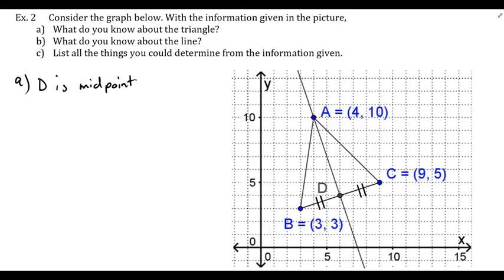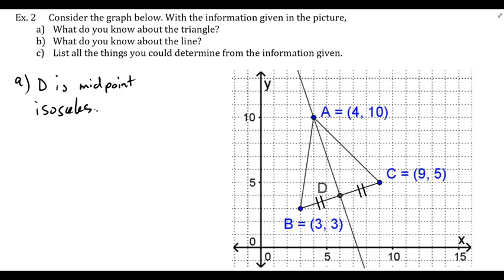Nick? The triangle is isosceles. How do you know that? Because of the parallel lines, or marker lines.